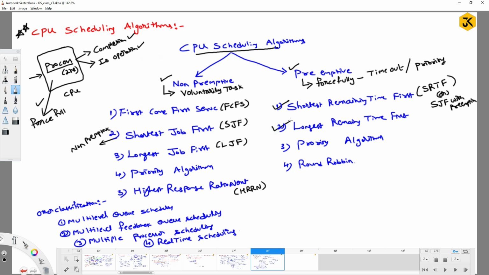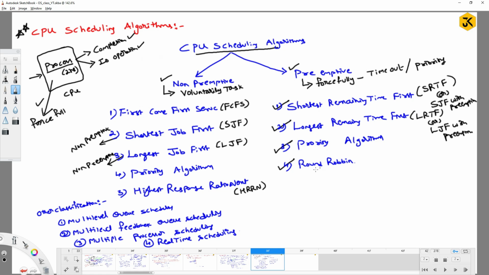The next one is longest remaining time first, shortly LRTF, or we can call it LJF with preemption. We saw in the other classification that longest job first is non-preemptive by default. Another algorithm in the preemptive category is the priority algorithm, and another one is the round robin algorithm.